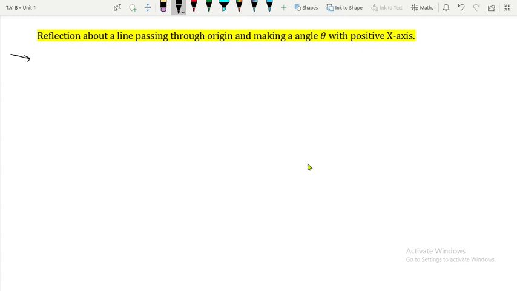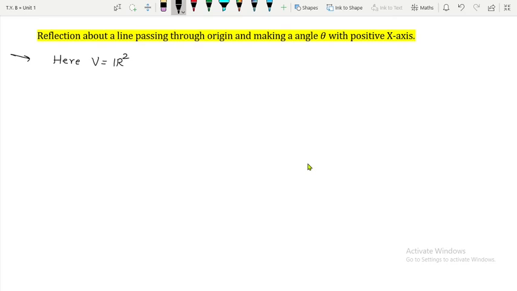Since we are finding reflection about a line, our V is nothing but R2, because a line will be a hyperspace to R2 only. If we think of R3, the hyperspace of R3 is a plane, and the hyperspace of R2 is a line. So here our vector space is R2.